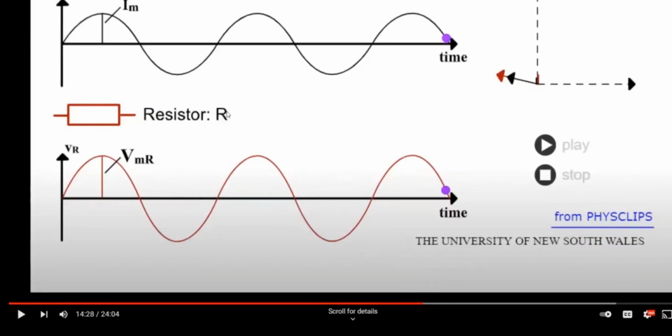This is looking at what's going on when you subject a resistor to alternating current. You can see how this brown arrow and this black arrow are synchronized, and you can see they're rotating counterclockwise. What is the rate with which they rotate counterclockwise? That is determined by the voltage source, by the generator.